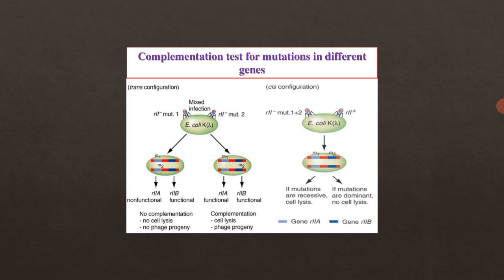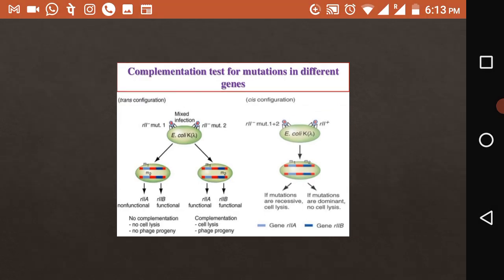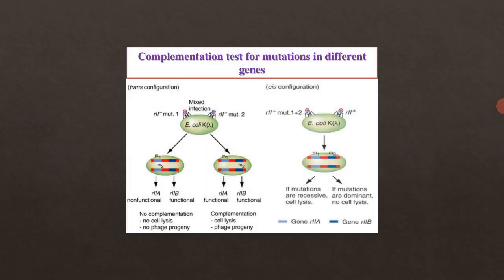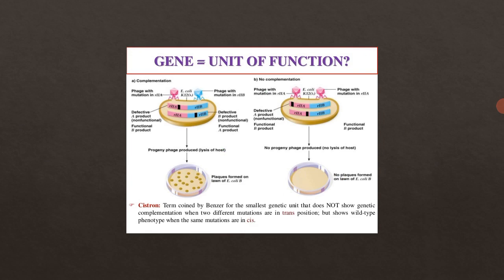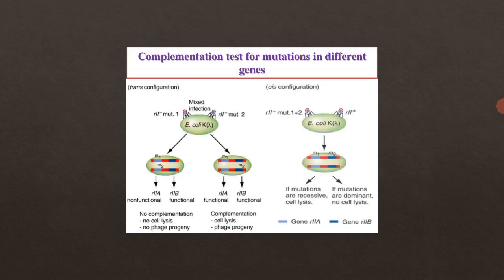It is a functional unit of a gene. Nowadays it is mostly just called a gene. A cistron is the smallest genetic unit, which will code for a piece of RNA.